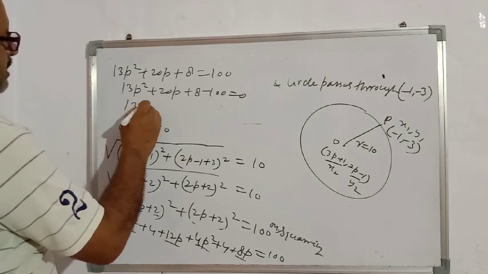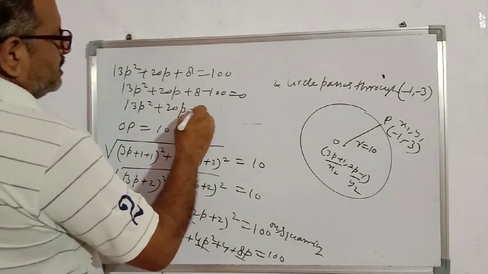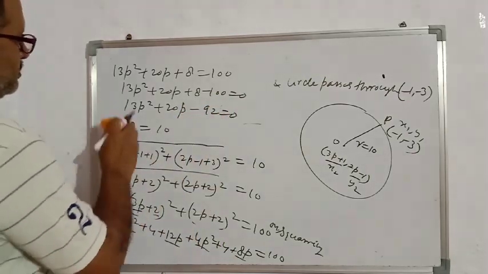So it will be 13p square plus 20p plus 8 minus 100, minus 92, is equal to 0.